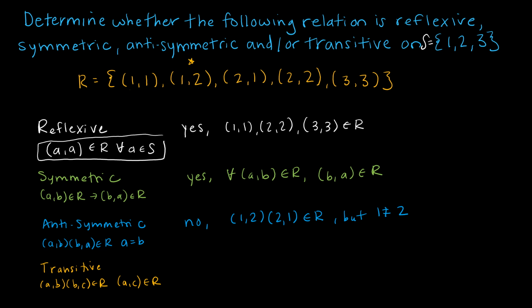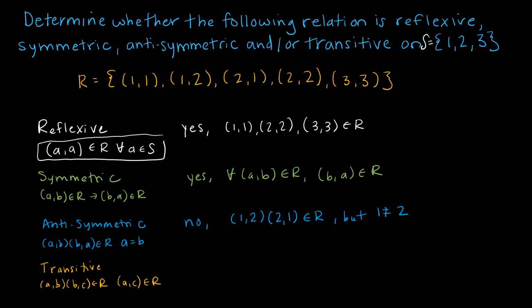And anything else? Nope, nothing else, because nothing else starts with 1. Okay, so let's try with 1, 2 and 2, 1. Does that imply 1, 1 is in the relation? Yep, that's there. All right, let's try 1, 2 and 2, 2. Does that imply 1, 2 is in the relation? Yes, that's there.